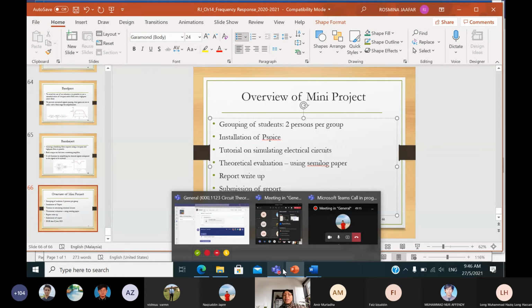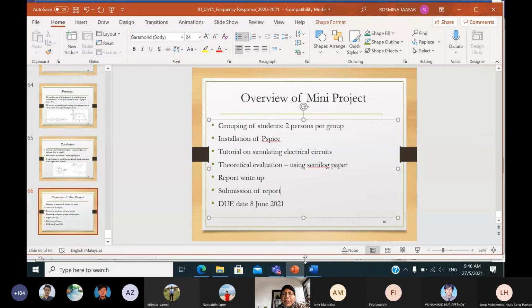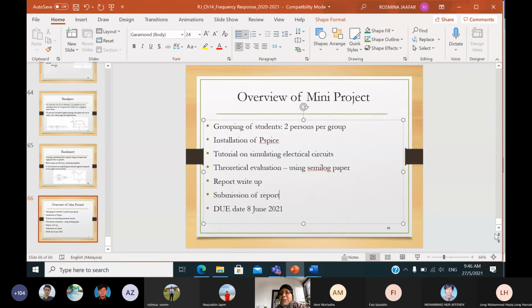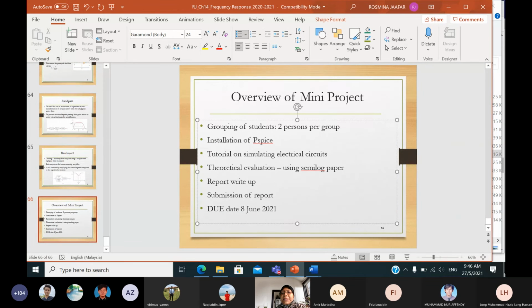But I'm not sure. You can ask Dr. Wan Mimi and Dr. Badaria whether a specific formula is given. Similar to last semester actually.